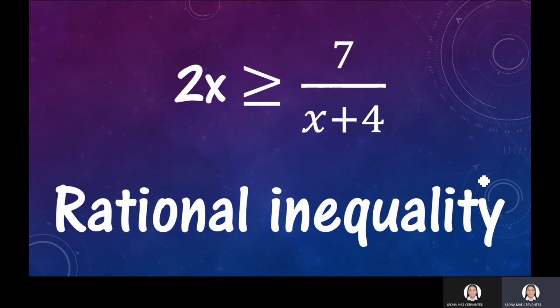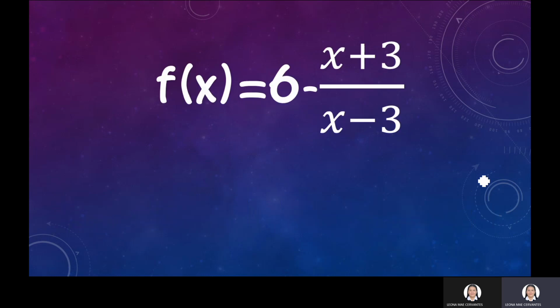Next, we have f of x is equal to 6 minus x plus 3 over x minus 3.